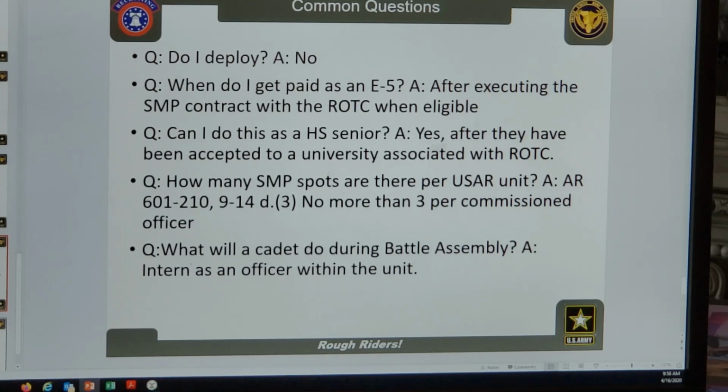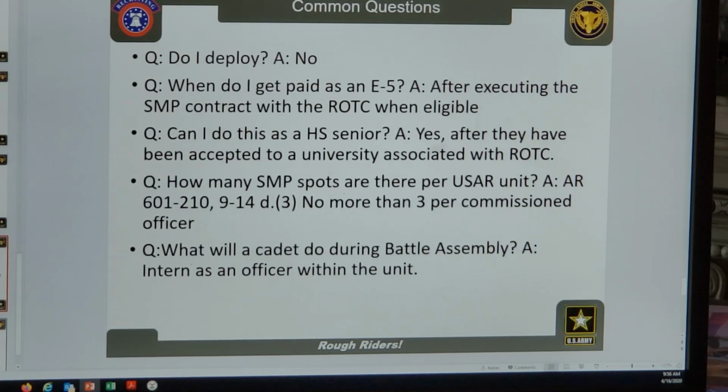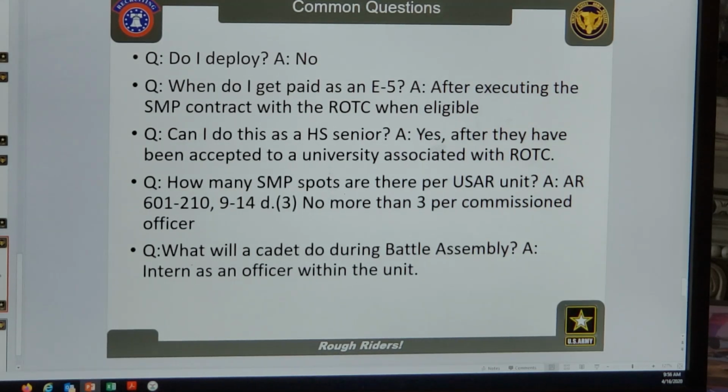That's pretty much the last slide. The one thing I want to leave you with is that across all of USAREC, this fiscal year we have written 83 SMP contracts. That's a little less than 2 per battalion across the board. We can do better, and hopefully this slide deck and this class helped with a lot of the understanding.